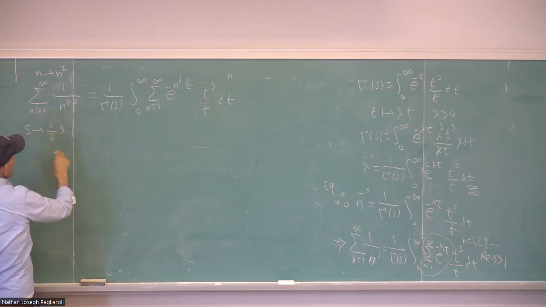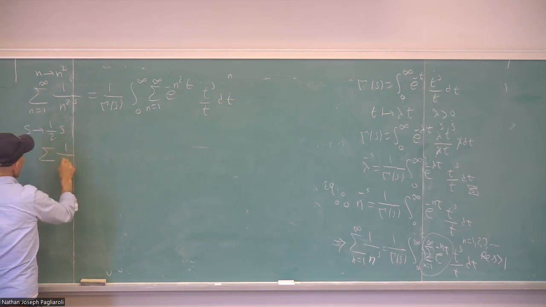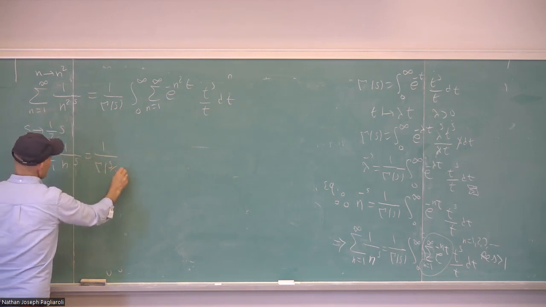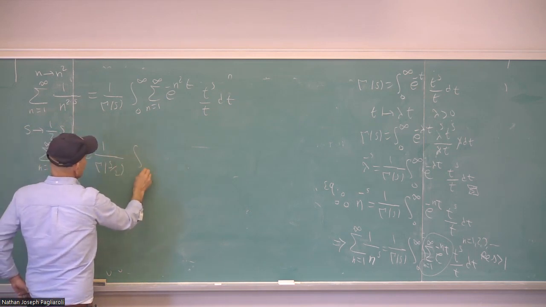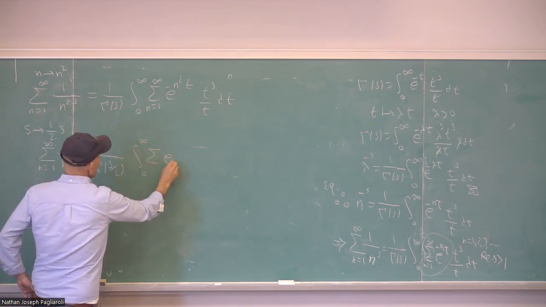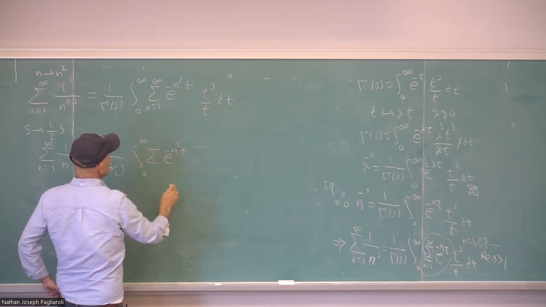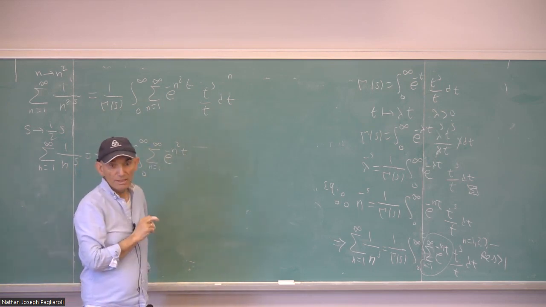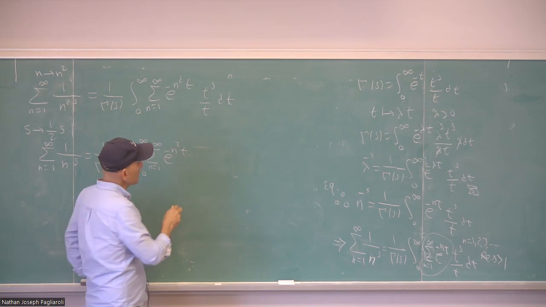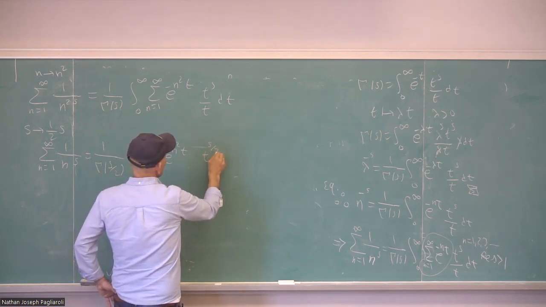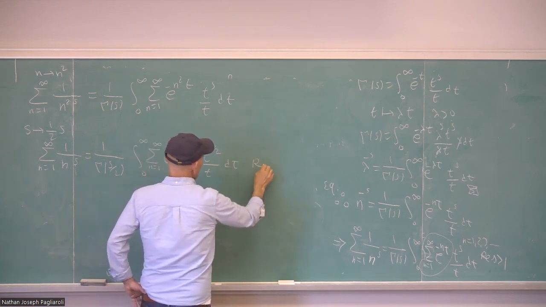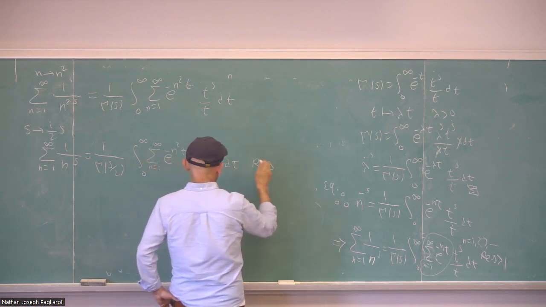So I get on the left-hand side the sum of 1 over n to the s, n from 1 to infinity, equal to 1 over gamma of s over 2, integral from 0 to infinity, sum of e to the minus n squared t, n from 1 to infinity, t to the power s over 2 over t dt. Now this is for real part of s, obviously, again, bigger than 1.